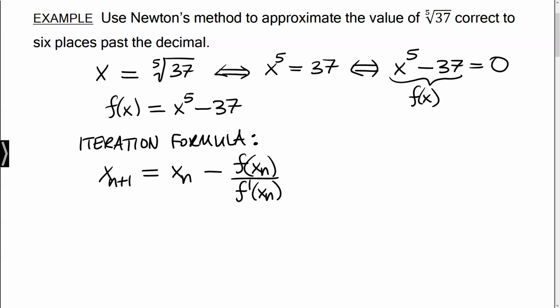Now, where this comes from is thinking about the tangent line approximation to a function at a point. And so this is really giving you the 0 that you would get from the tangent line or the linear approximation at a point. But that 0 ends up being generally, most of the time, a better approximation than the previous one.